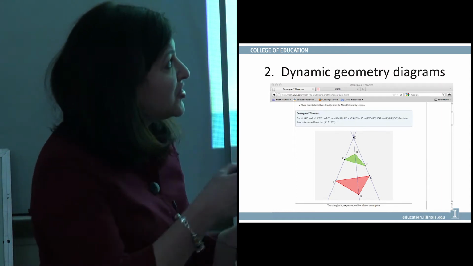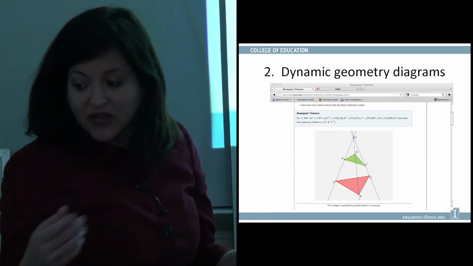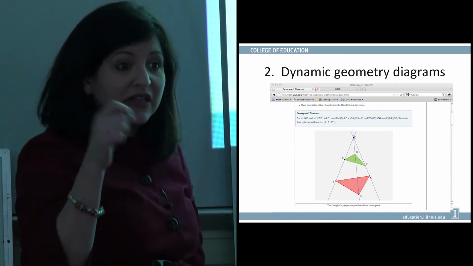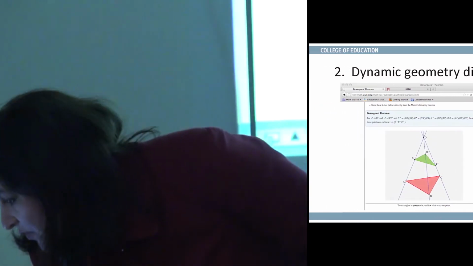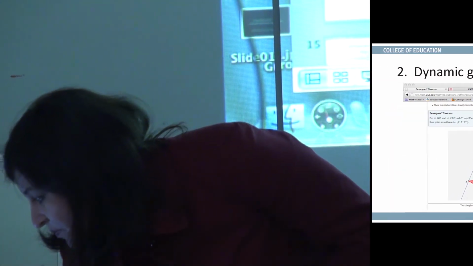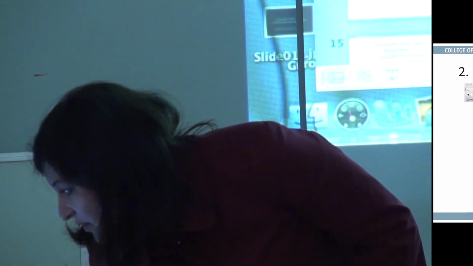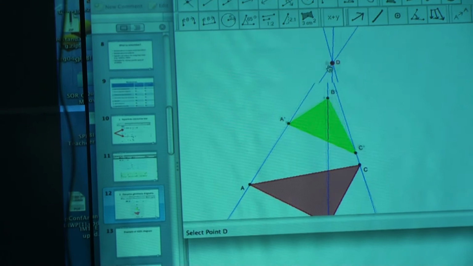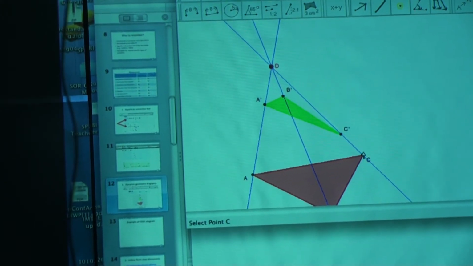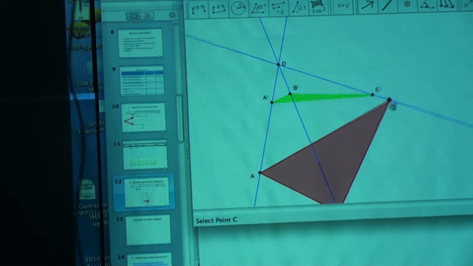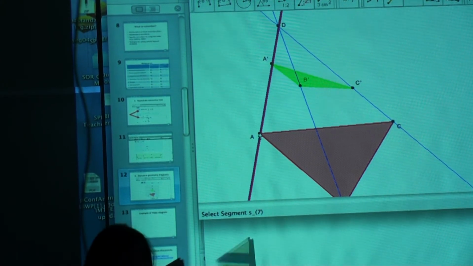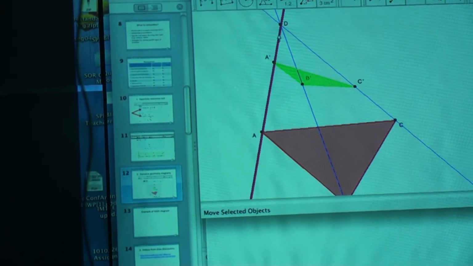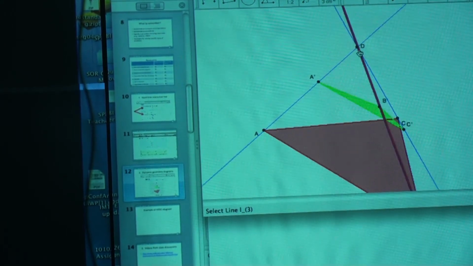But you don't just have this diagram, you have a KSEC diagram that you can click on and drag. If I get off here, you can drag these points, move them around, and try to have a better understanding of the theorem with this dynamic diagram that is very different from having the book, a static diagram.